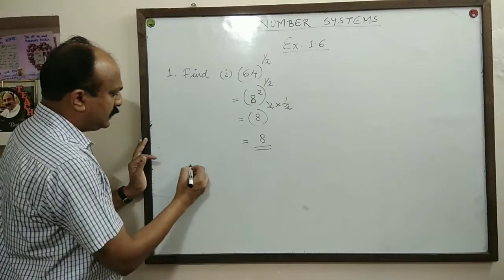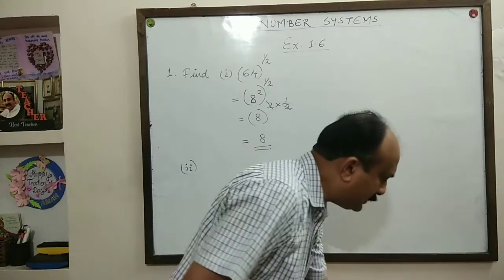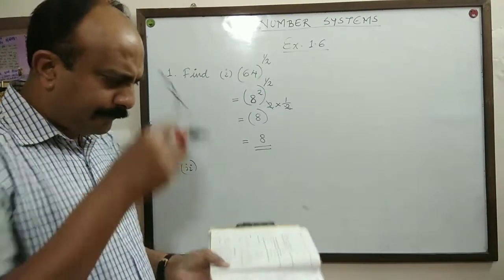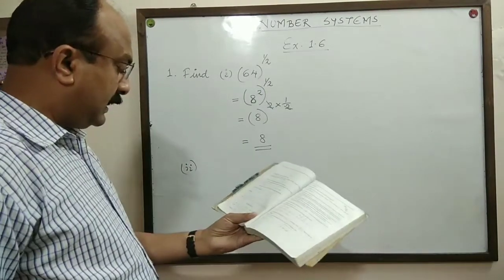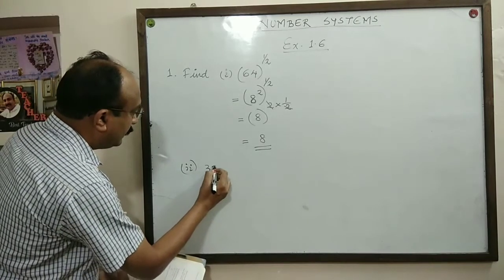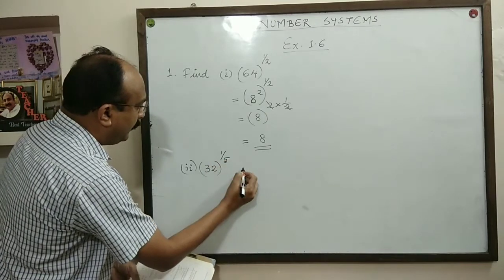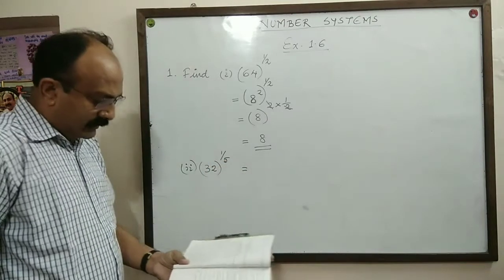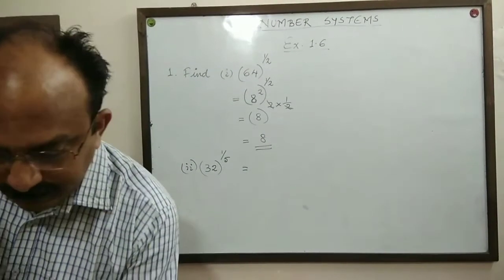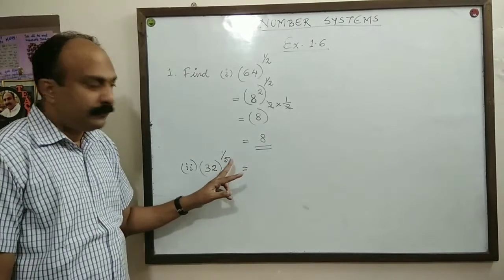Now question number 2 is 32 power 1 upon 5. As I told you, we have to change 32 into something power 5.